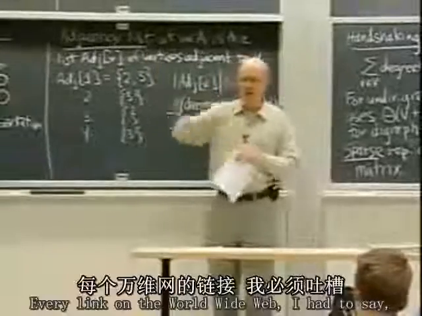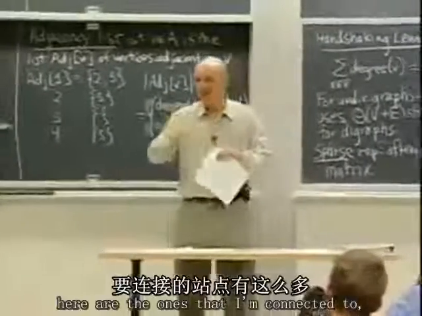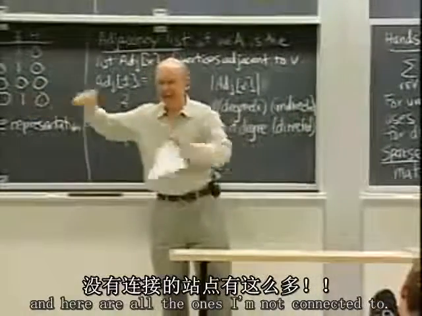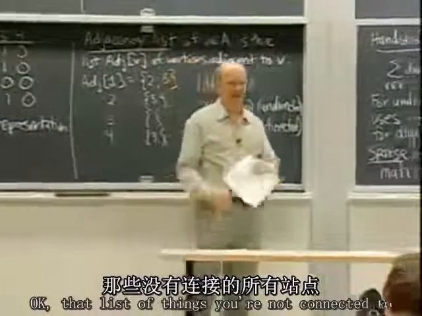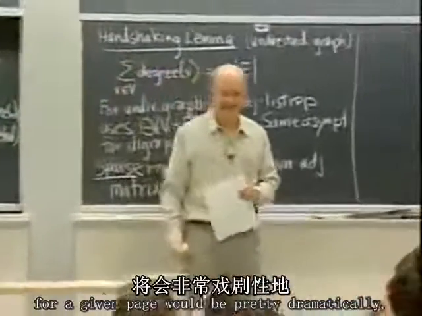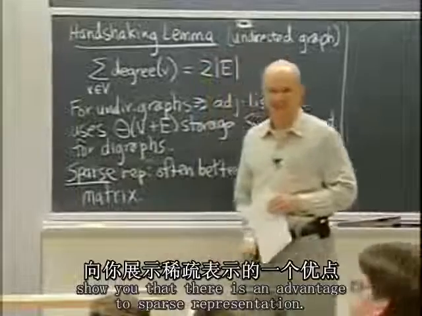For every page, I would have to say, here are the ones that I'm connected to, and here are all the ones I'm not connected to. That list of things you're not connected to for a given page would dramatically show you that there's an advantage to a sparse representation.